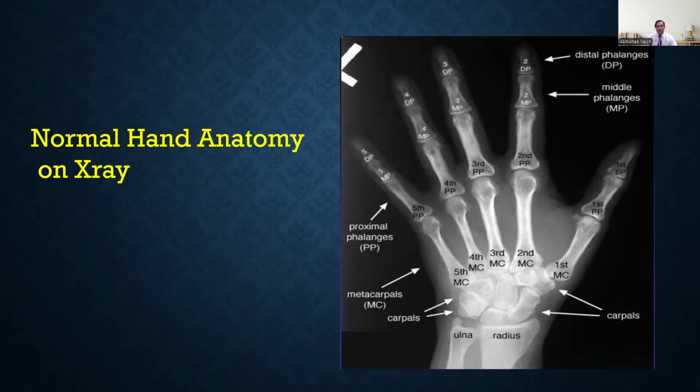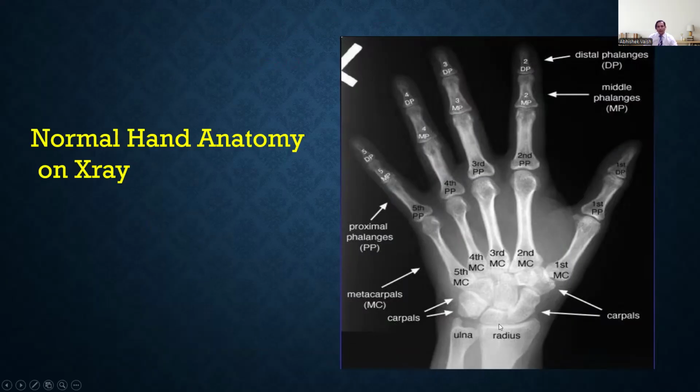So this is the X-ray of a normal hand. Hand X-rays are very important to read because the pathology is often misdiagnosed or missed if you don't read the X-ray well. So you can see a distal radius and ulna. You should see the position of the ulna with respect to the radius, if it is a positive variance, a normal variance, or a negative variance.